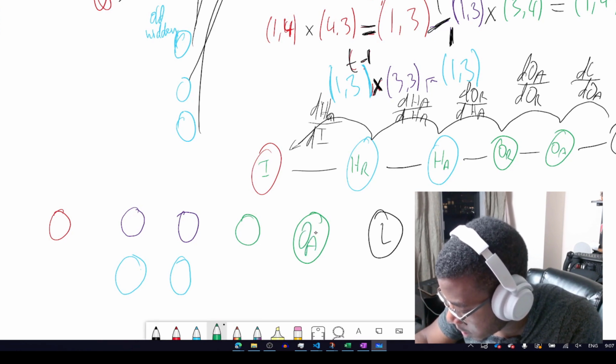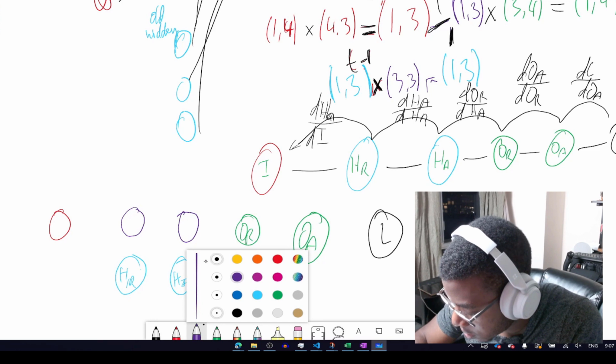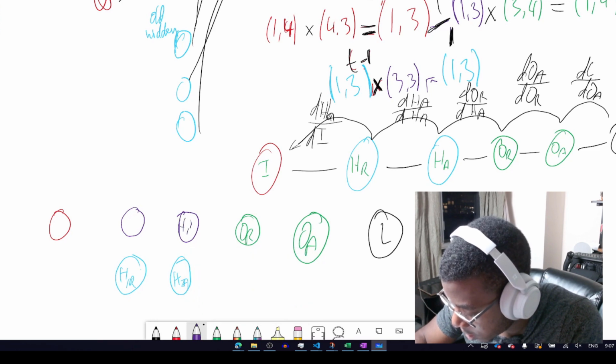So output activated, output raw, hidden 2 activated, hidden 1 activated, hidden 1 raw.